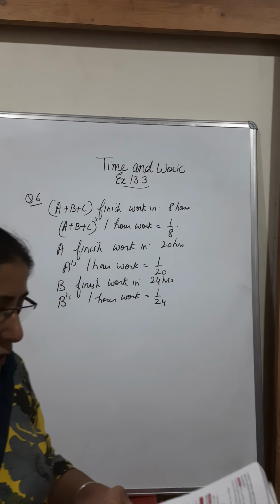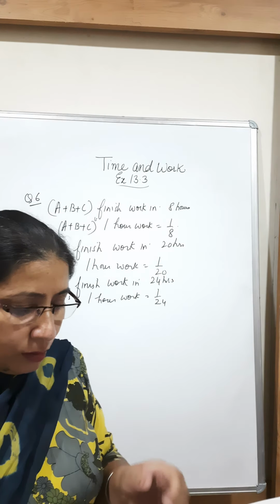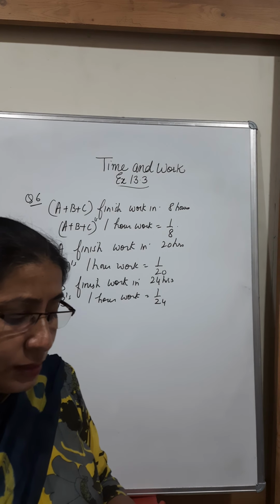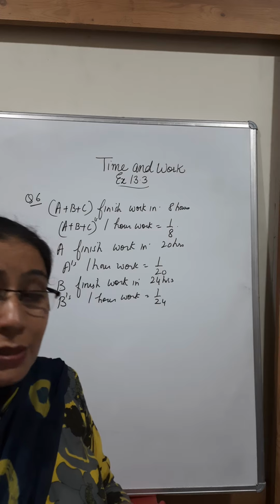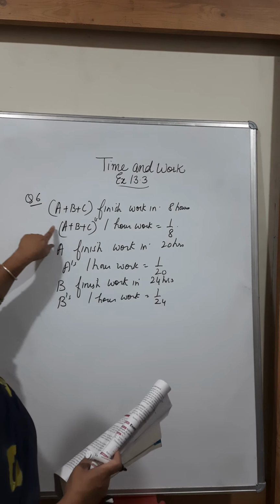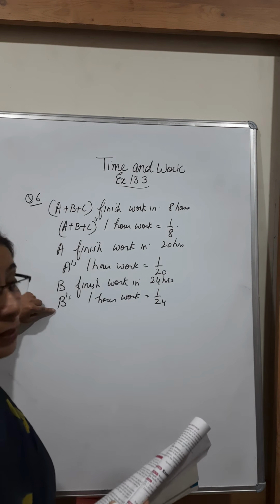24. What do we want to find in this question, beta? We want to find in how many hours C alone will do the same work. Now you have A plus B plus C's 1 hour work. You have A's 1 hour work. You have B's 1 hour work.